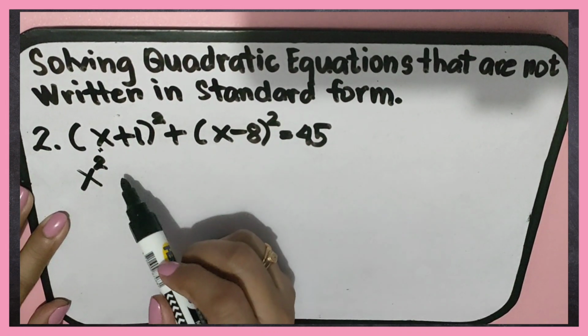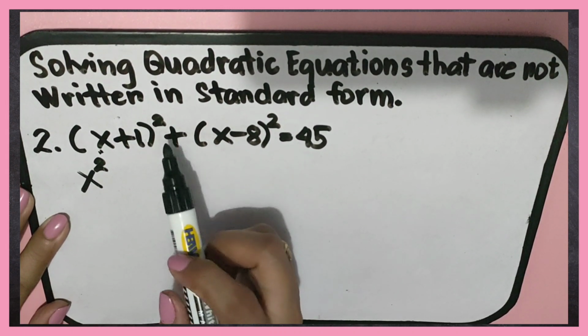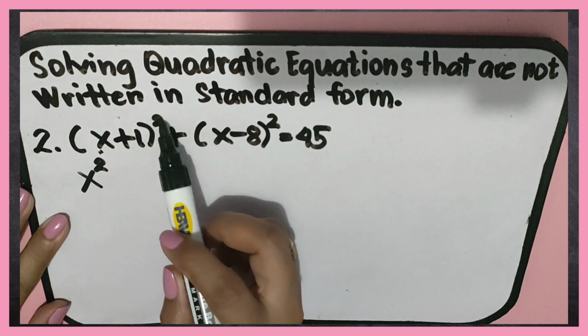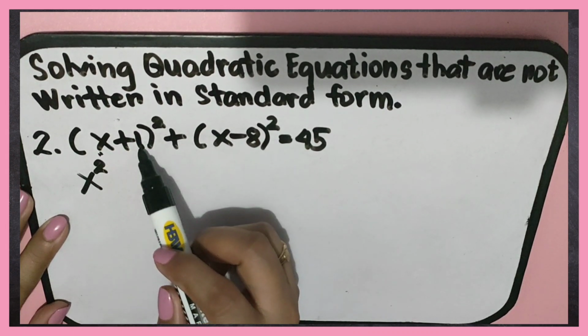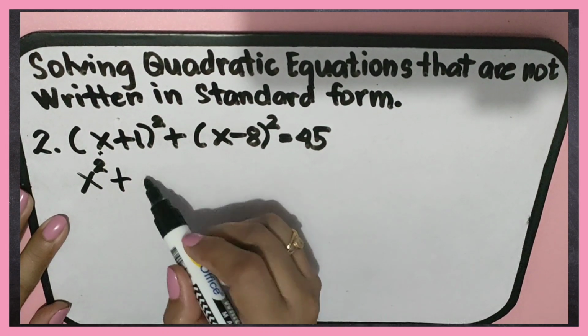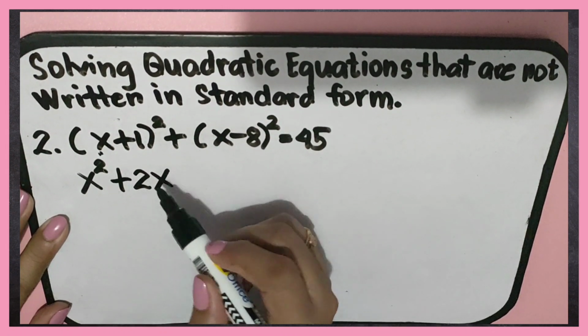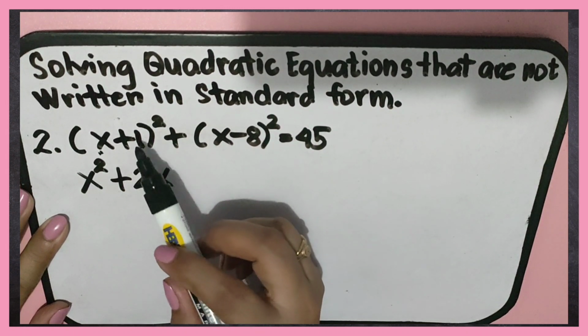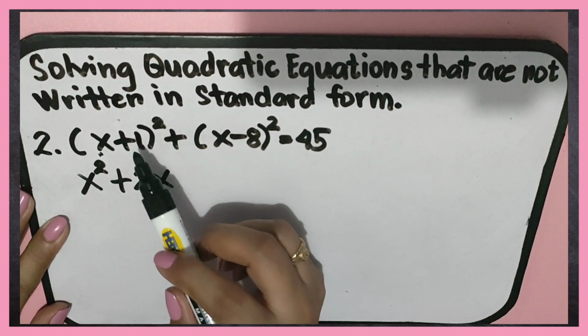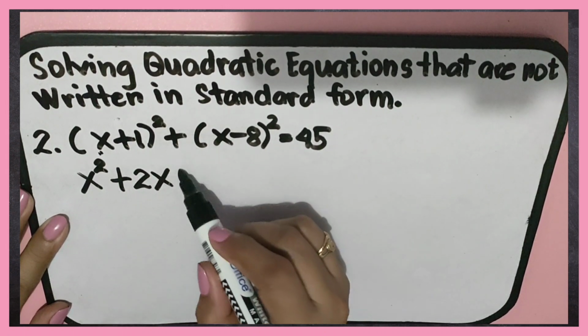Then for the middle term, we will multiply x times 1 times 2. So we have x times 1, x times 2 is 2x. Then, for the constant term, we will multiply 1 twice because of the exponent. We have 1 times 1, so we have 1.